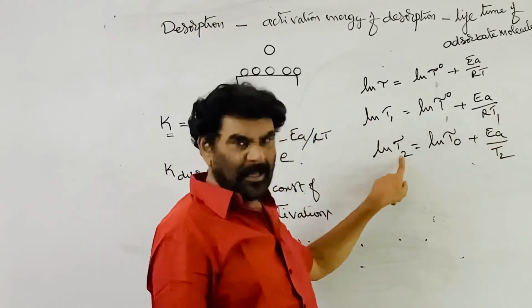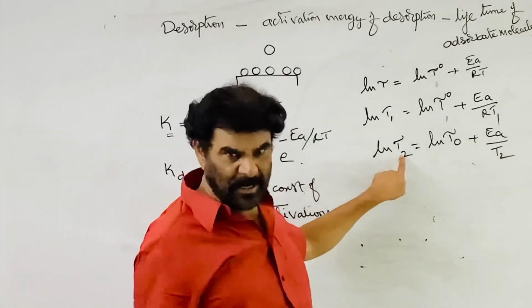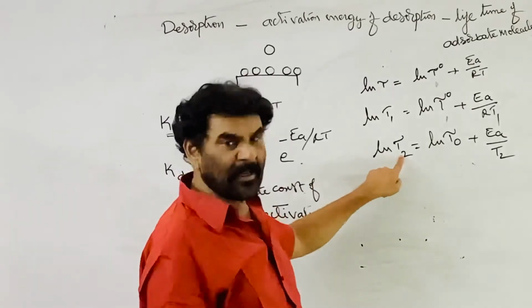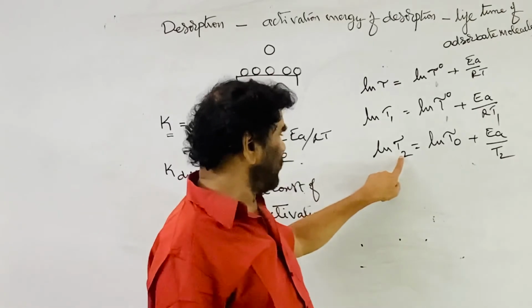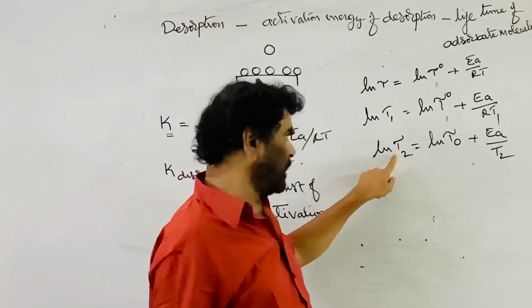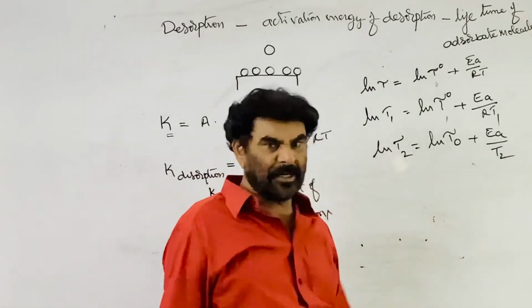Tau 2 is the average life of the time for which it is held on the surface, required for desorption, when the temperature is T2.